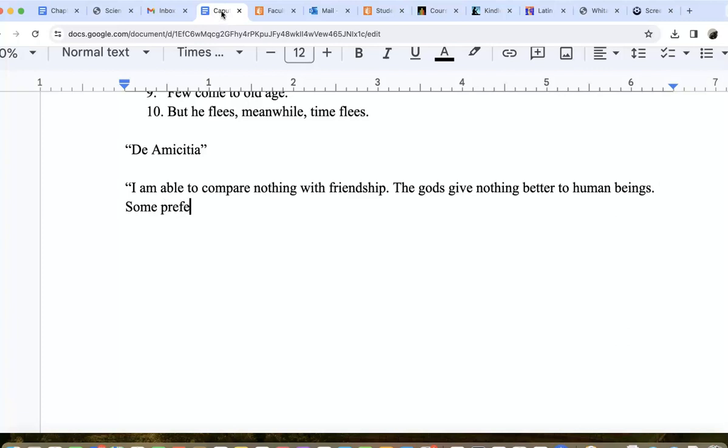Some prefer money. By the way, last semester, some of you asked, what's the best way to study? Well, one of the disadvantages of this format is if you're just sitting there listening to the video, obviously that's a good thing. But if you're not writing it down, then that's not good in the sense that you're not active. And so that's the big challenge in learning, is sometimes we overly intellectualize it, especially at the university level.